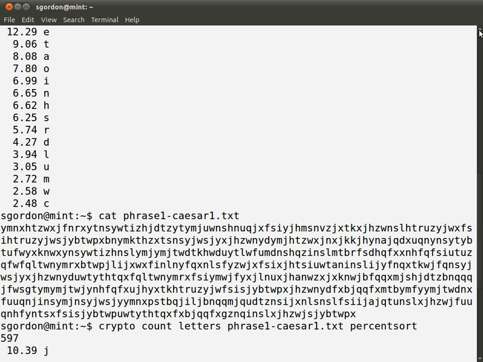Does that make sense? T would be character number 20, or is it 19 if we start from 0? 24, I think. That one matches as well.